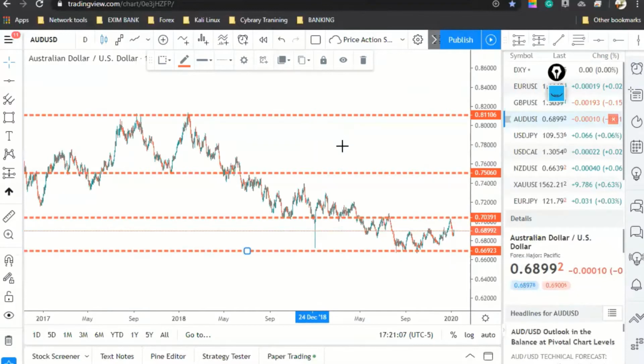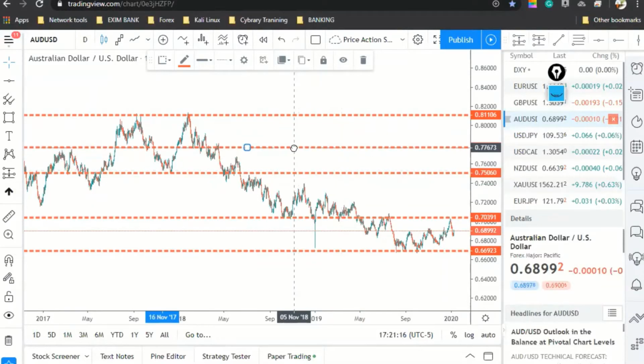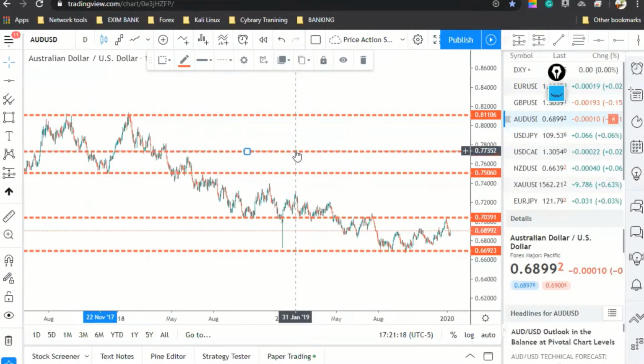Higher highs, higher lows, and they keep breaking. A downtrend is not higher highs, higher lows. Lower lows. Sorry, lower lows, lower highs. Yeah.